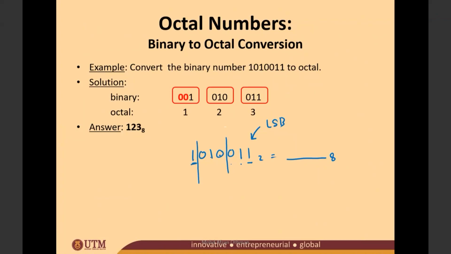Yang ni ada satu je. So kita tambah kosong-kosong kat depan. Letak pemberat. Darab dia punya pemberat. Yang ni 1, 1, 2, 3. 3. Yang ni dia punya jawapan.